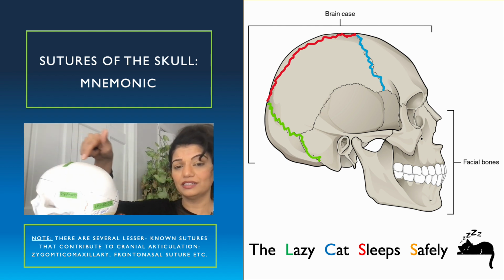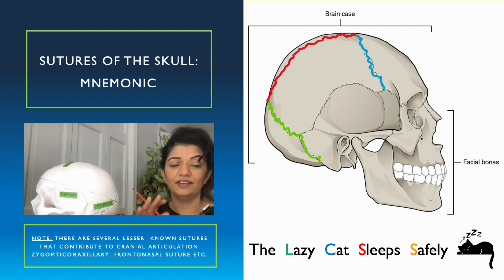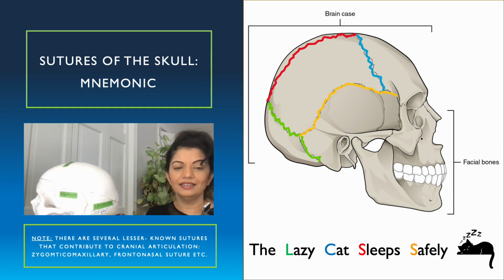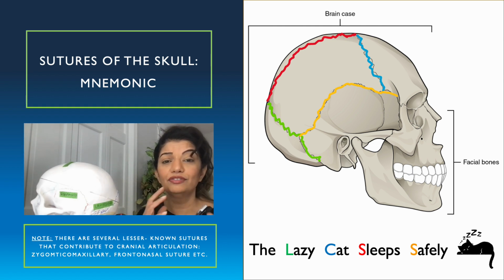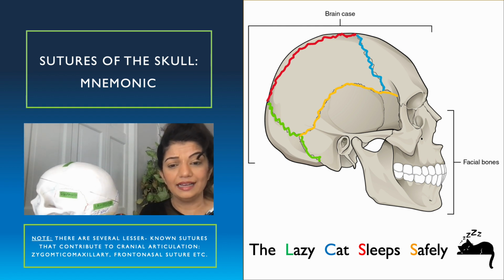So it's going to go right over the top here, and it's dividing the 2 parietal bones along midline. Then lastly, we've got the squamous suture, which basically connects the parietal and temporal bones. Okay, so those are your sutures. And let's move on to the next set of bones.